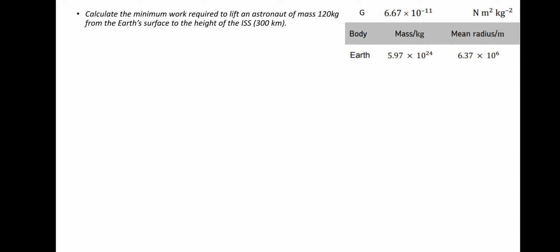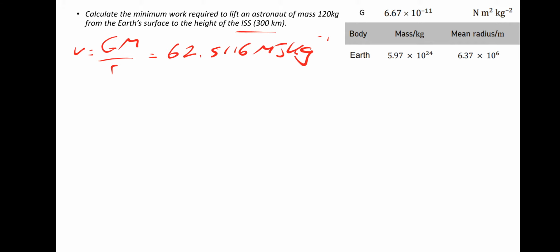So we calculated the potential at the surface of the Earth earlier. So that would be V equals GM over r. Use the mass of the Earth and the radius of the Earth, and that gave us a value of 62.5116 megajoules per kilogram.